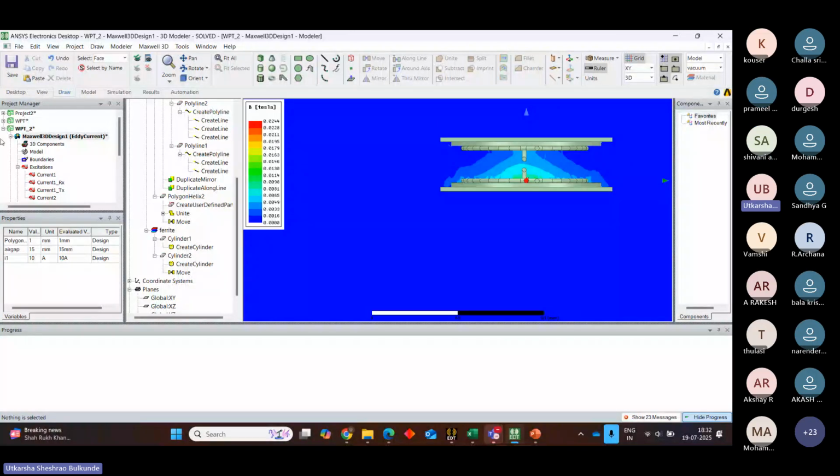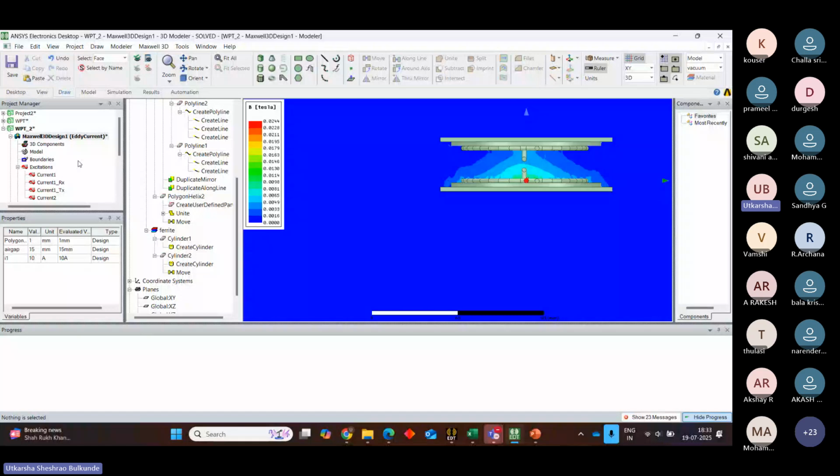We are done with our spiral planar geometry of circular coil. Now, the issue with this is that the spiral structure takes a lot of time to simulate.